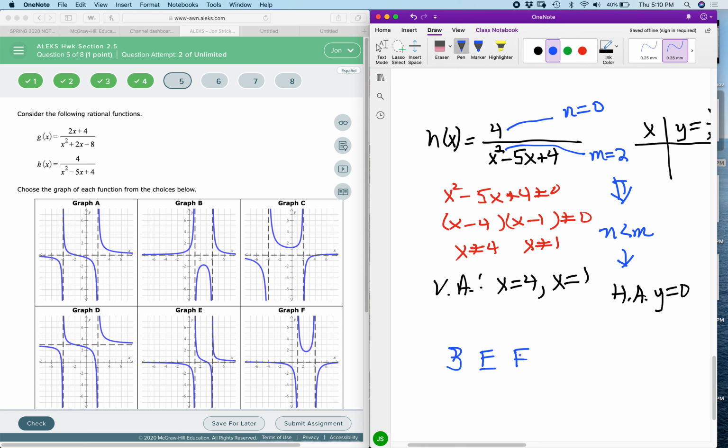In terms of separating what we have here, we have graph B, graph E, and graph F.